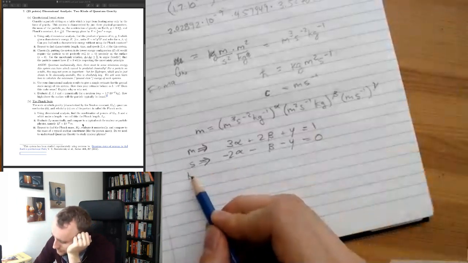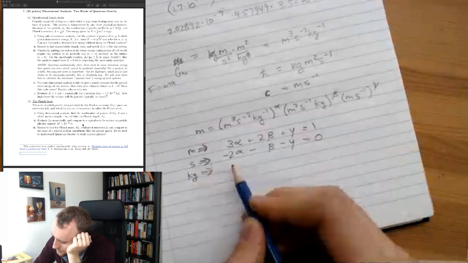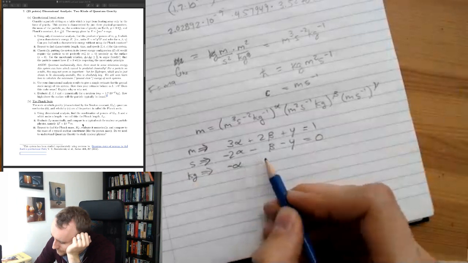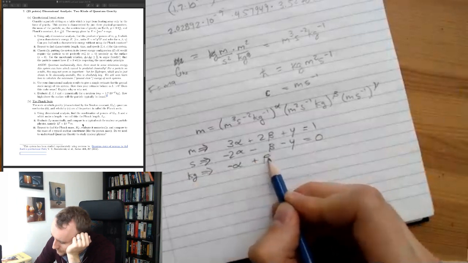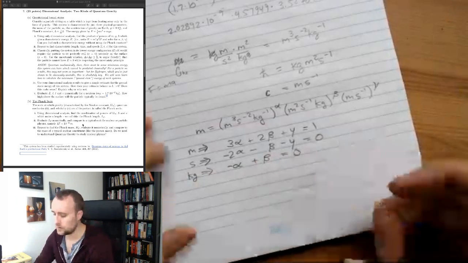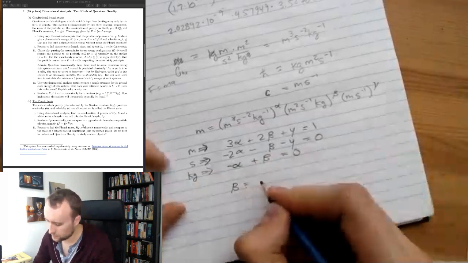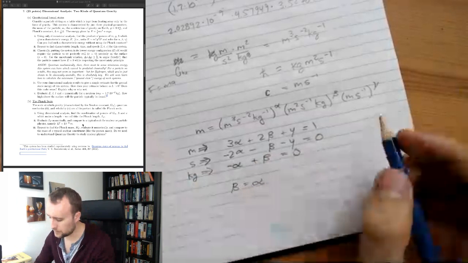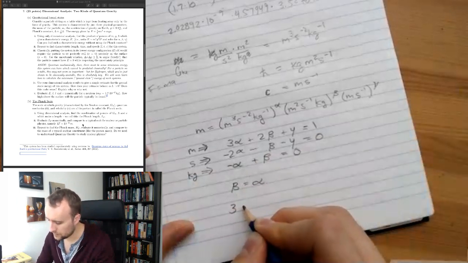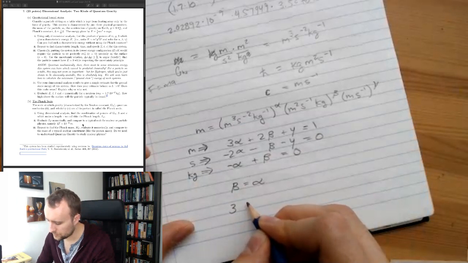And then we have kg. We're going to have minus alpha plus beta equal to 0. All right, so beta is equal to alpha. We can say that right now. So we can rewrite these top two equations too. So let's turn them all into alpha.